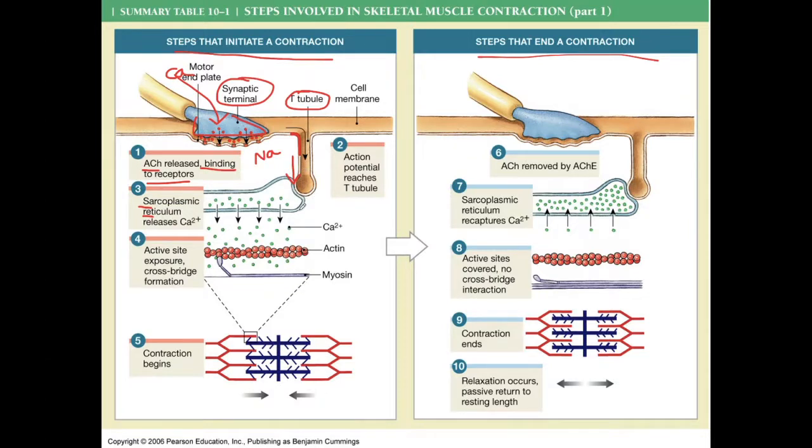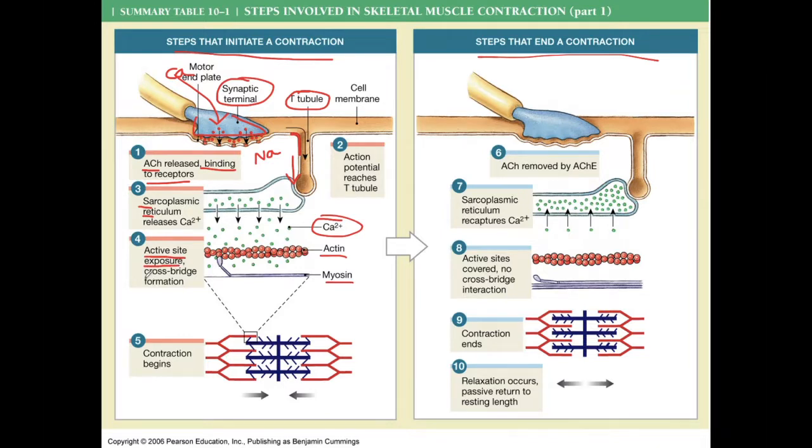The sarcoplasmic reticulum stores calcium, so it's going to release the calcium. The calcium that it releases is going to hit the sarcomere, where you have actin and myosin. This calcium is going to go after the regulatory protein. It's going to go after troponin. It's going to remove troponin, so tropomyosin shifts, and then we have active site exposure.